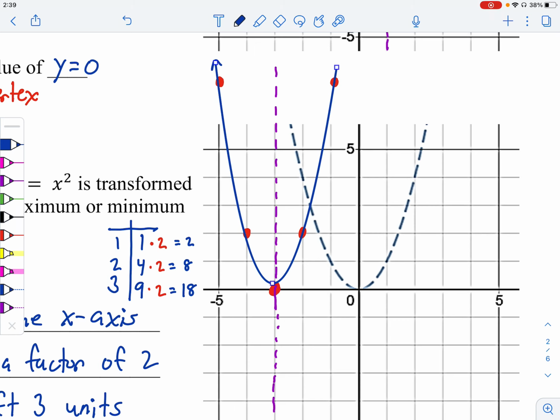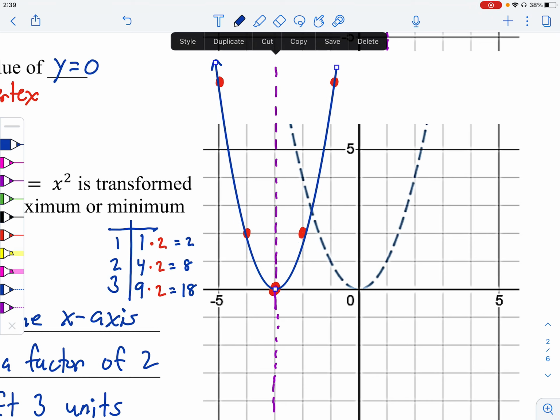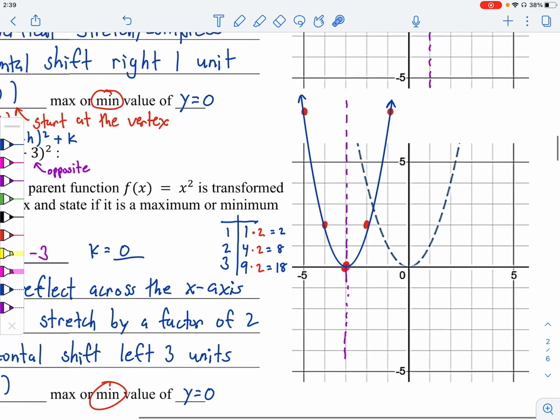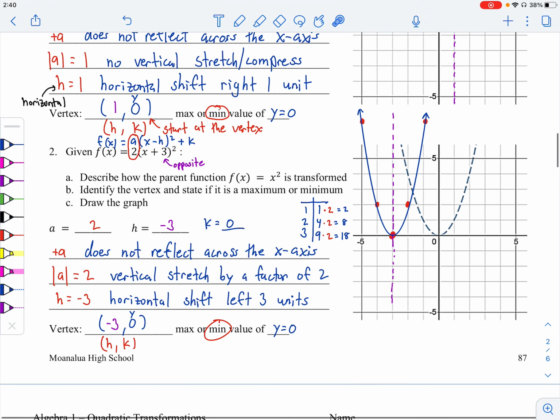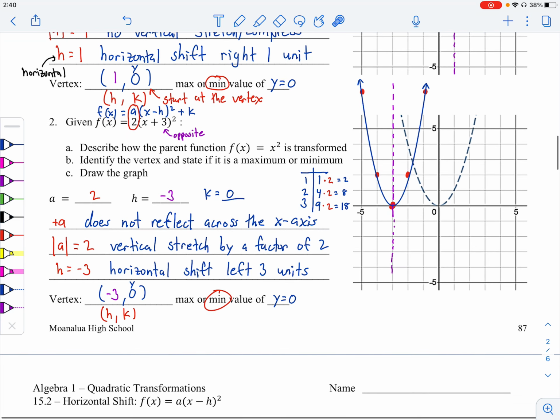Okay, so we have a nice parabola going through our points. So you can see it got larger, right, because it multiplied by 2, so vertically stretched, skinnier. And then it did not reflect down, so we have a minimum value, and then we just shifted left 3 units, horizontal shift left 3 units. Okay, so that's how we got that one.